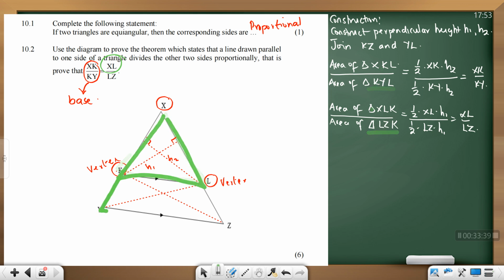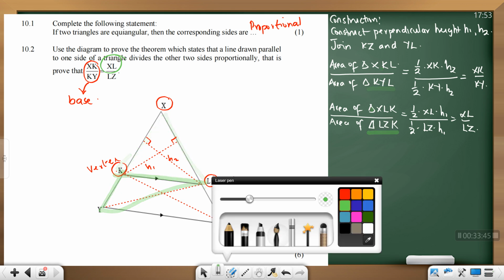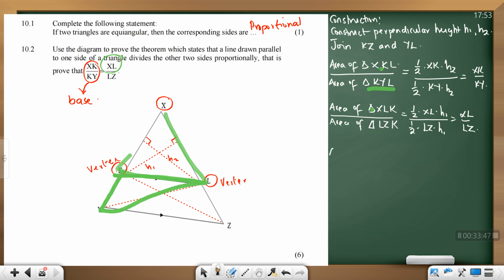What about the bottom? KYL, KY. Can you see that triangle? Look at what I'm going to write. Area of triangle KYL is the same as area of triangle what? LZK. What's your reason?